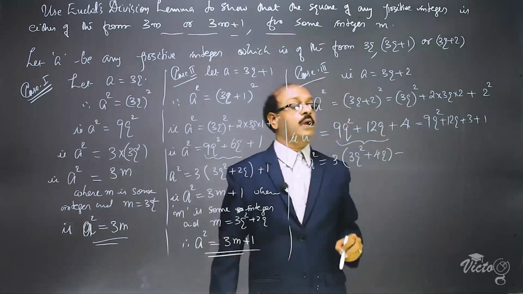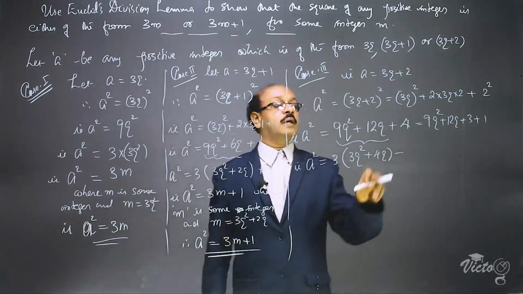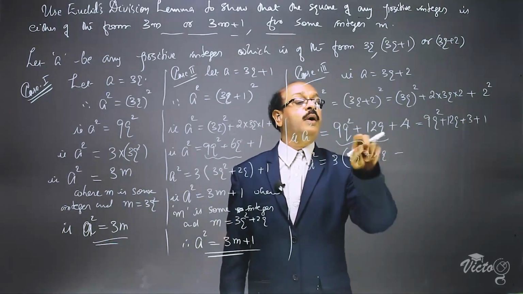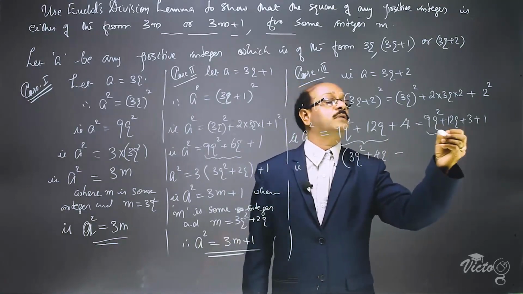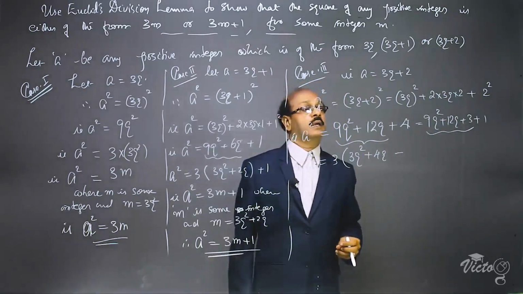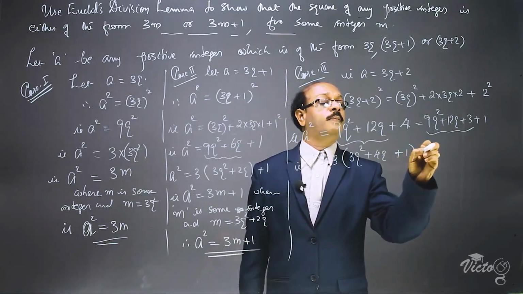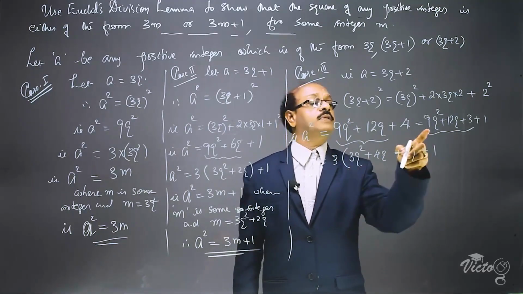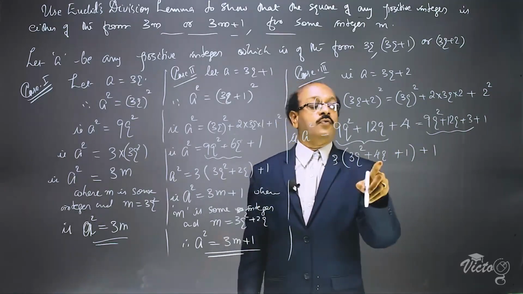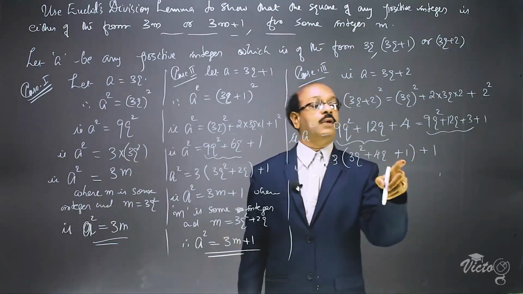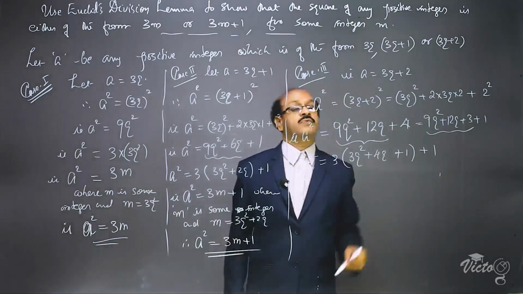Now we are taking 3 as a common factor from the first three terms, then 4q plus 1, then plus 1. 3 into 3q square is 9q square, 3 into 4q is 12q, and 3 into 1 is 3 itself. Then plus 1 is there.